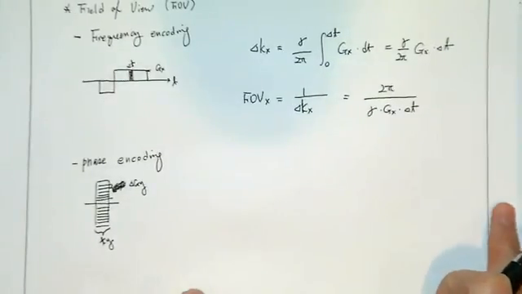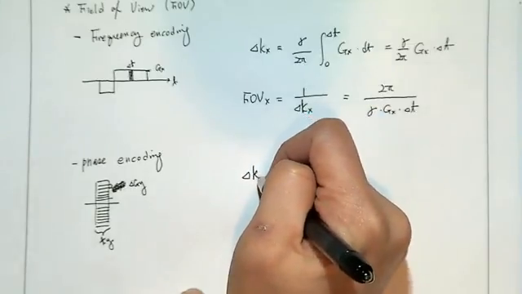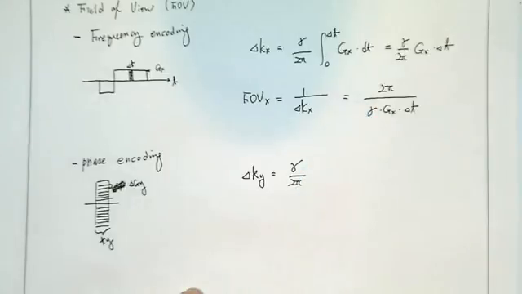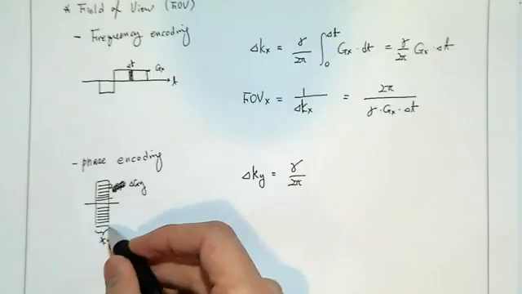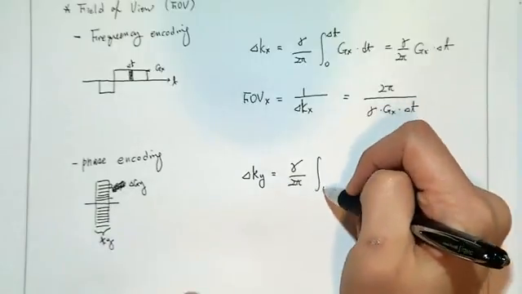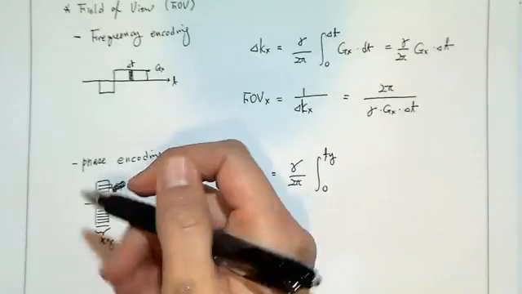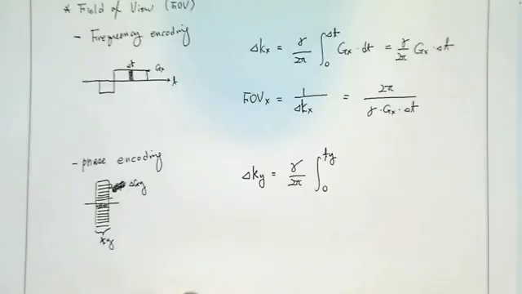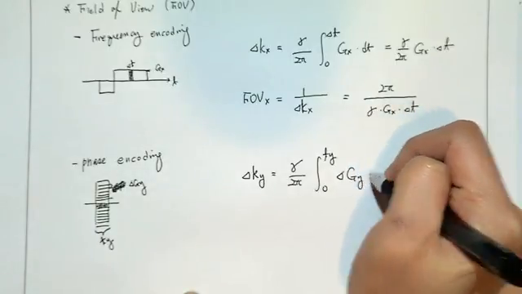So we're also going to take a look at delta ky. Delta ky is what? Gamma over 2 pi, right? In this case, the time duration from 0 to ty, but we're only looking at this area, right? So that's going to be delta gy dt.